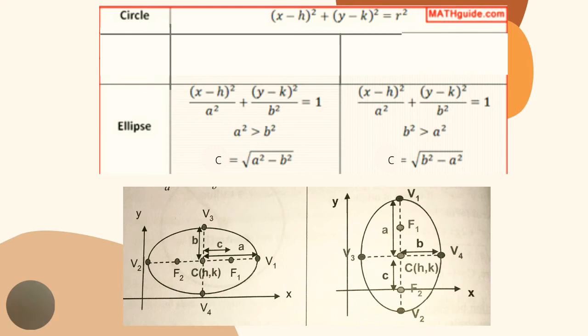A represents the distance between the center and the vertex on the major axis. B represents the distance between the center and the minor axis, and C represents the distance between the center and the foci.